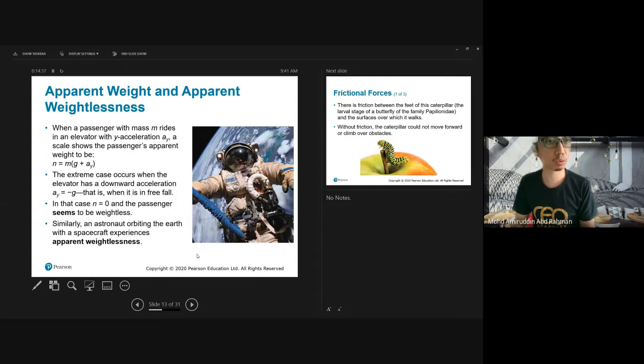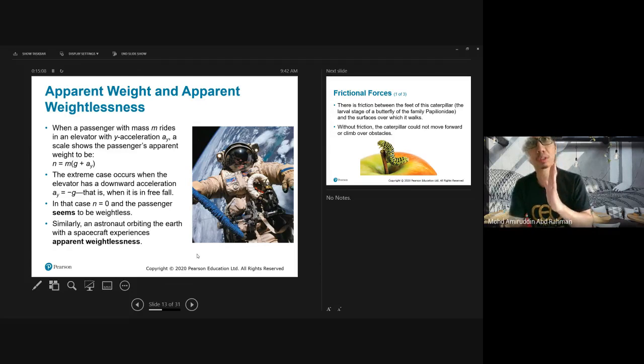So let's go to what we call apparent weight and weightlessness. When a passenger with mass m rides in an elevator with y acceleration ay, a scale shows the passenger's apparent weight to be n. So we have the normal force.